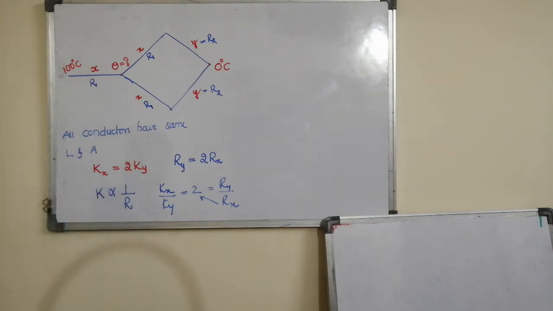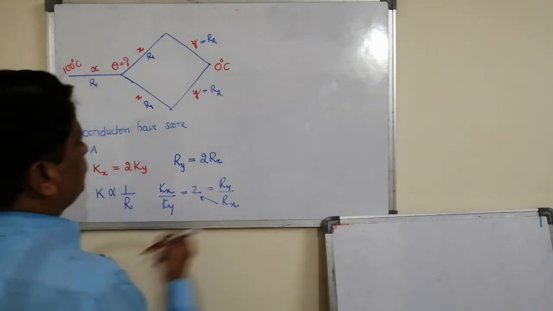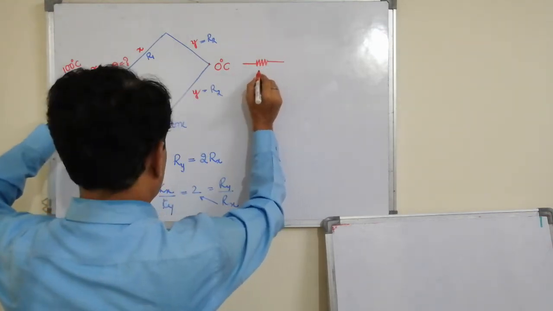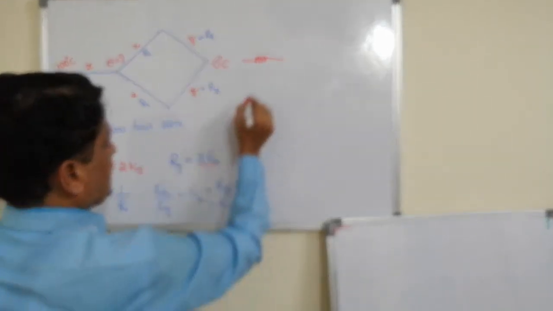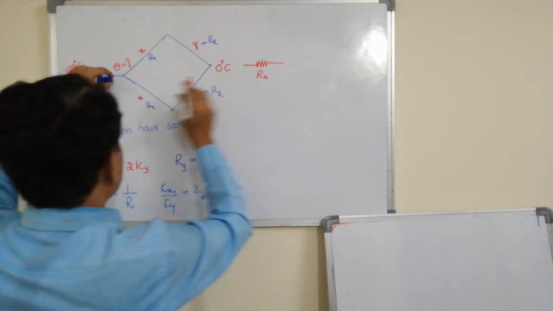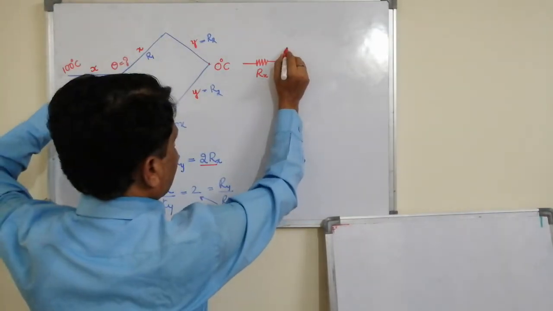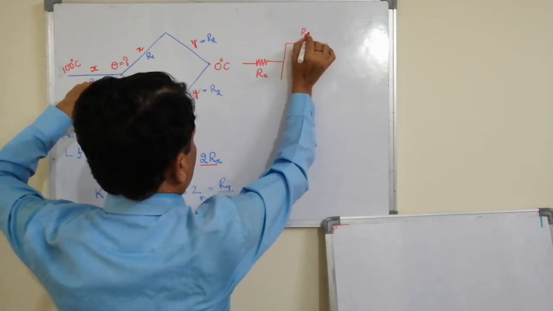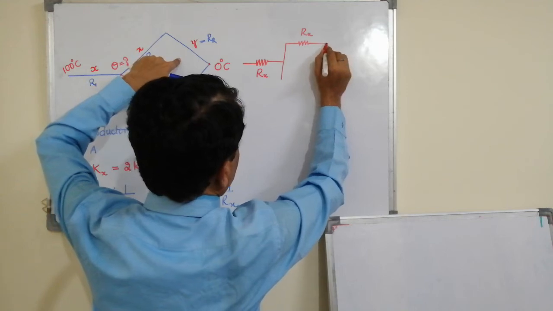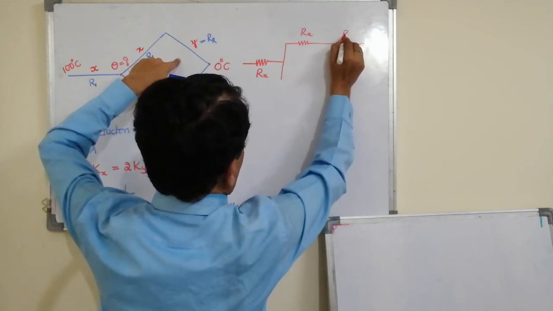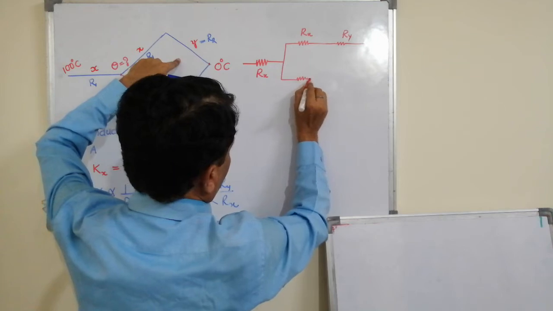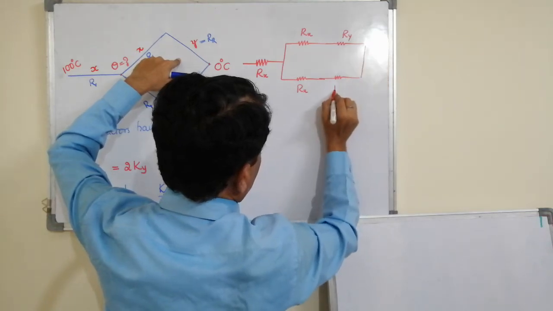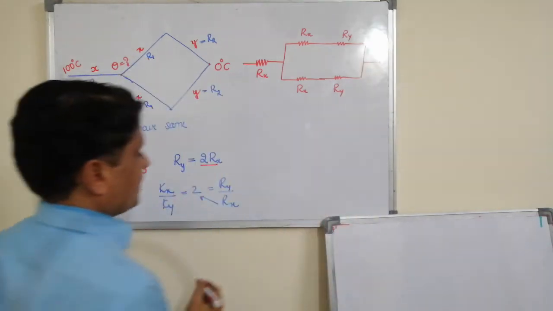Based on this relation, I can redraw this figure. I will call this Rx, here this is divided into 2. This is Rx and this is Ry. This is Rx, this is Ry.